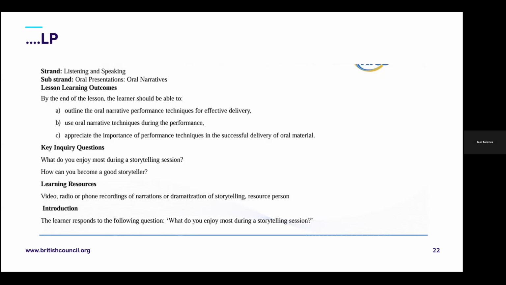Like the first one, outline the oral narrative performance technique. What does this test? Is it knowledge? Is it skills? What exactly is it? Use of oral narrative techniques during performance. Anyone who can help us identify attitude? Outline.